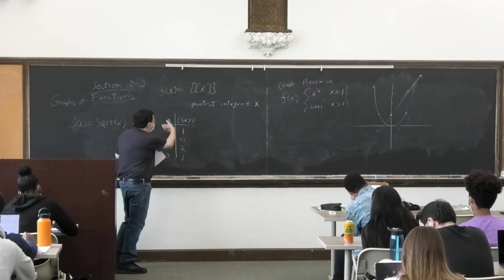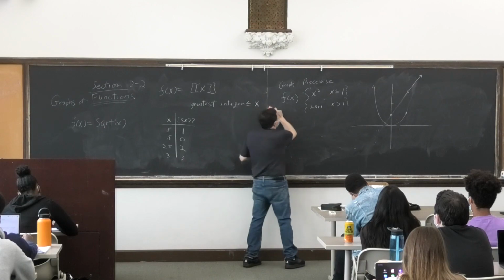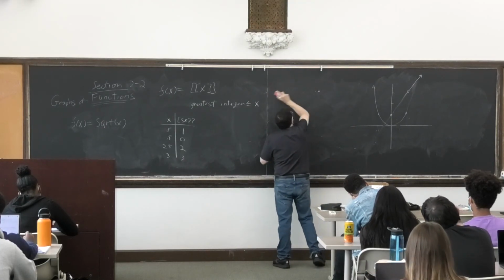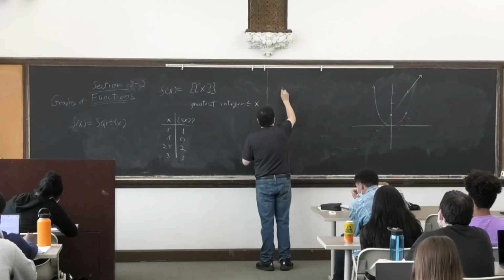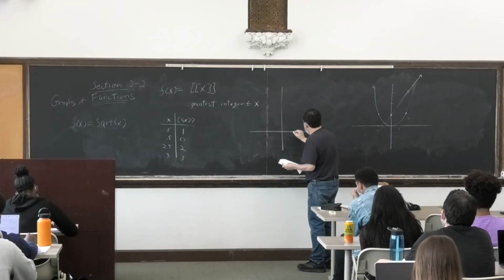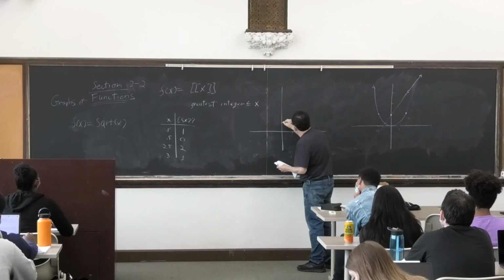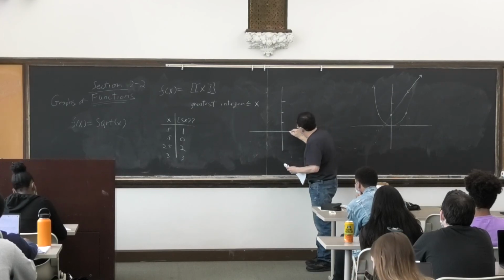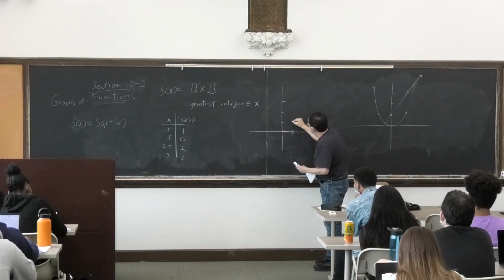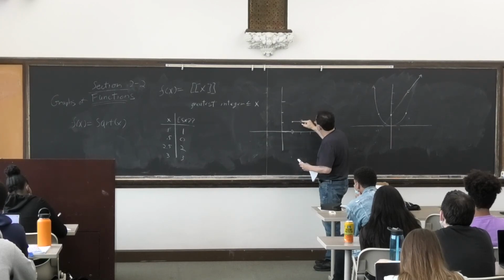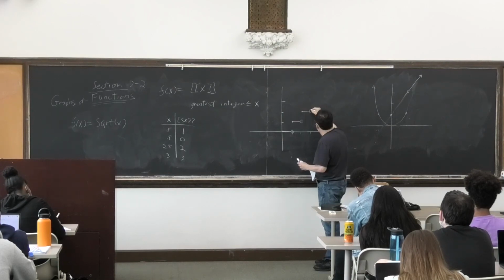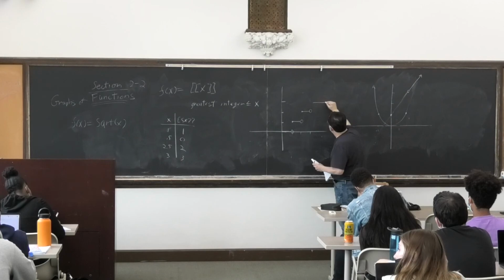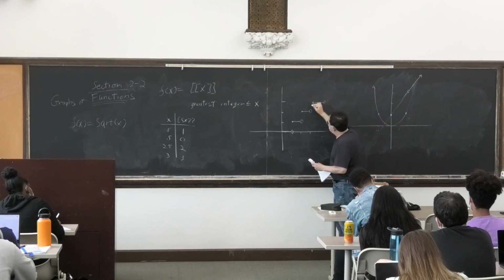So, what does the graph of this look like? Well, from 0 to 1, it's just 0. From 1 to 2, it's going to be 1. And from 2 to 3, it's going to be 2. And you can kind of see how this is working. You also can see why we call it a stepwise function.